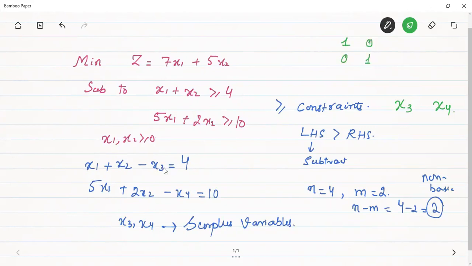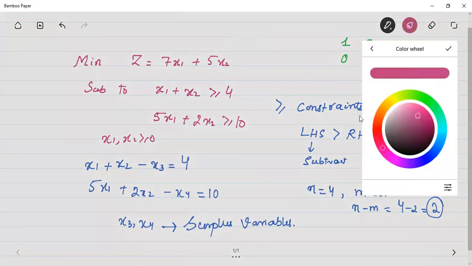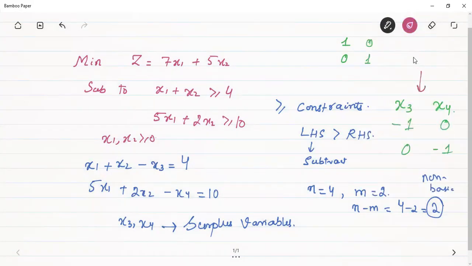But in the first constraint the coefficient of x3 is -1 and the coefficient of x4 is 0. In the second constraint, the coefficient of x3 is 0 and the coefficient of x4 is -1. This matrix is not an identity matrix, because we would like to have 1 0 and 0 1 here.